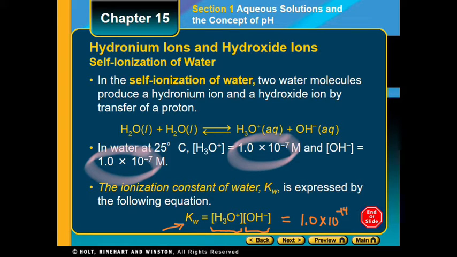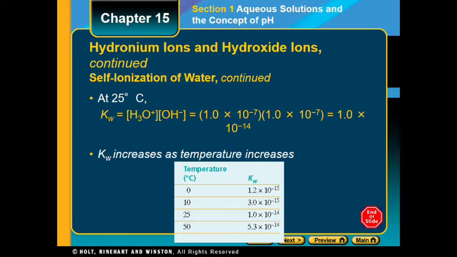Just as a reminder for exponents, when you're multiplying exponents, you add exponents together. So negative 7 plus negative 7 equals negative 14. So just trying to make that mathematical connection for you.